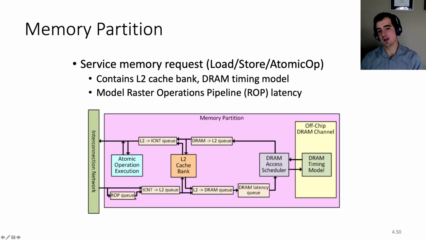And so in the early GPUs where all of the accesses went through the ROP queue, it was important to model that additional delay to go to the L2 cache. In modern machines, it's probably less important as this is likely bypassed. But that's what those units are. And essentially what this is, if you're curious, is like a little processor in memory.